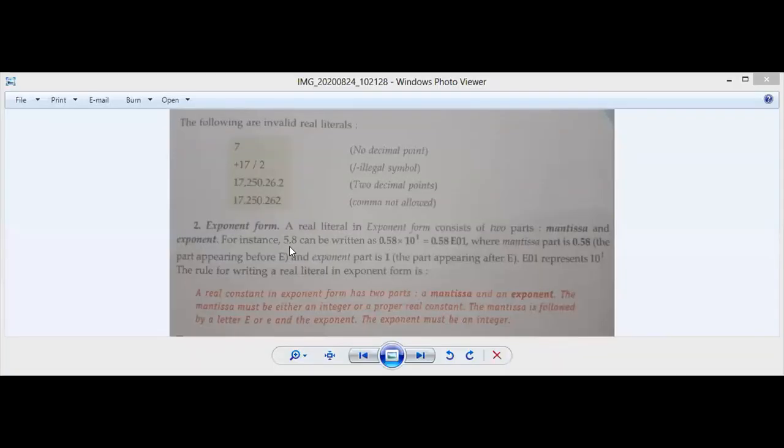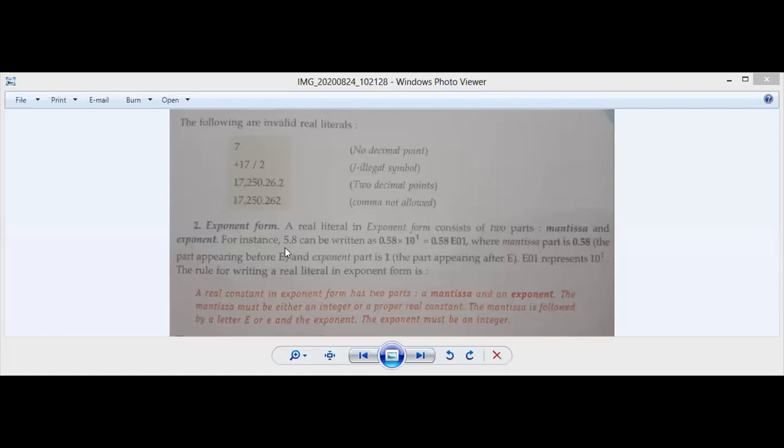Look here, like 5.8. If 5.8 is written, how can you write it in exponent form? You take out the power value, the multiple of 10. If you take a multiple of 10 from 5.8, you get 10 power 1, and 5.8 becomes 0.58.